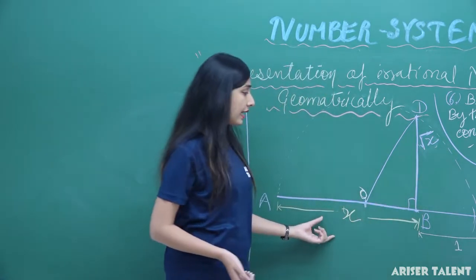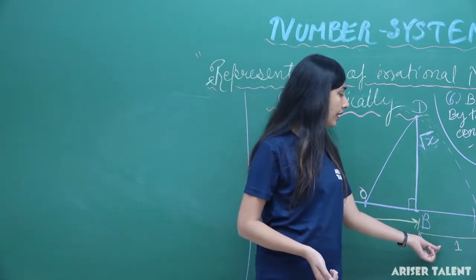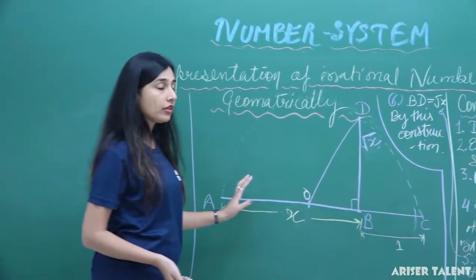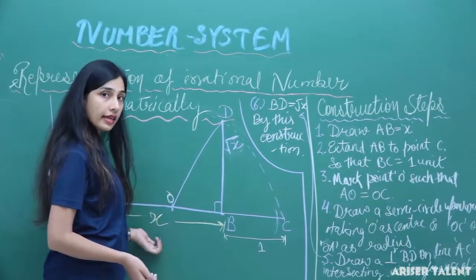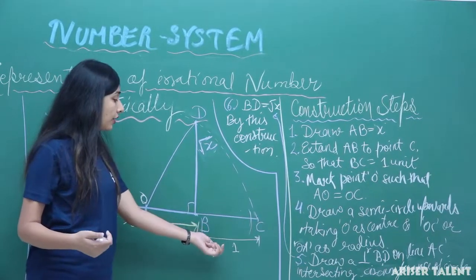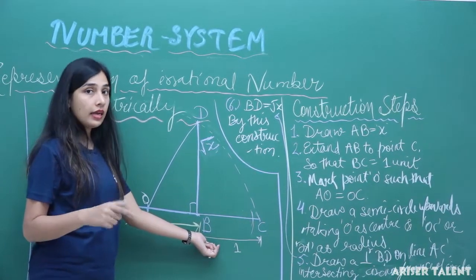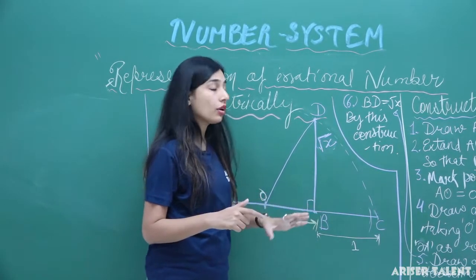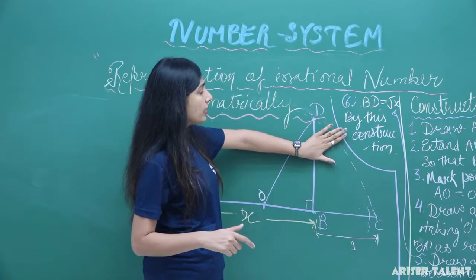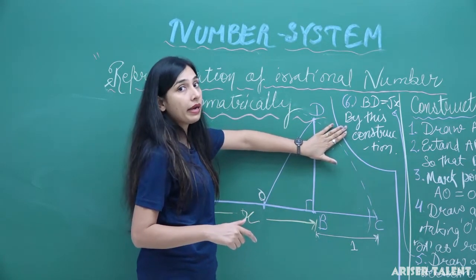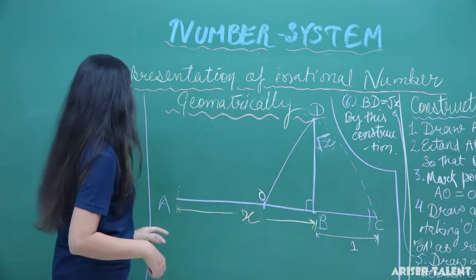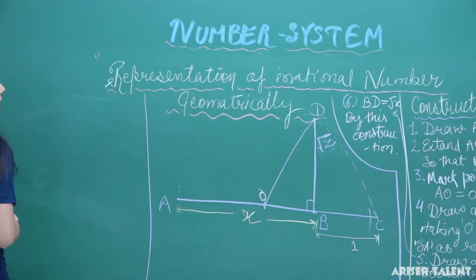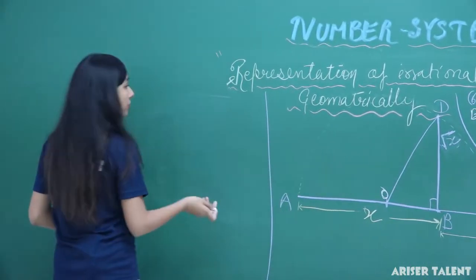You have this as x by your construction, this as unit length by your construction. Now, you have to find out, is this root x actually or not. So, just do not assume that this is root x, forget that by the construction and just find it by the geometry or by the Pythagoras theorem.